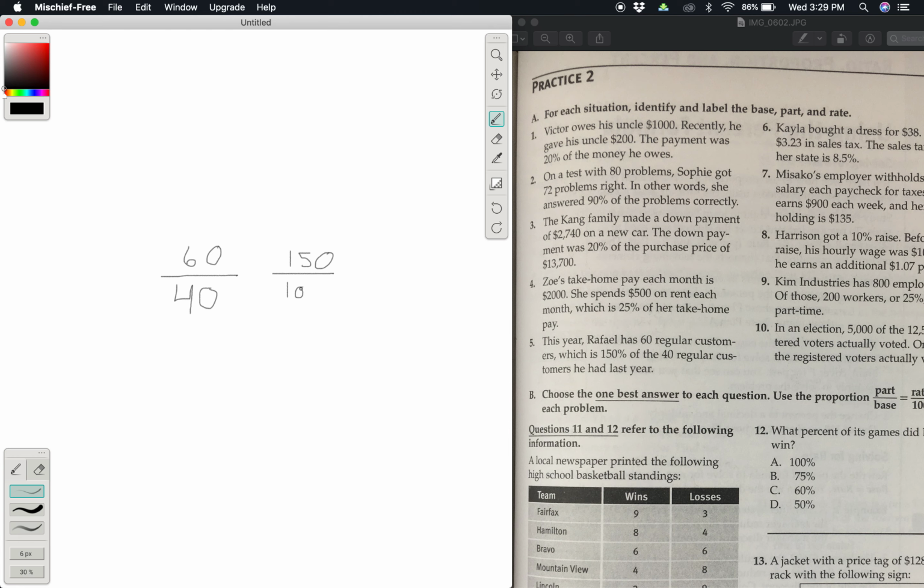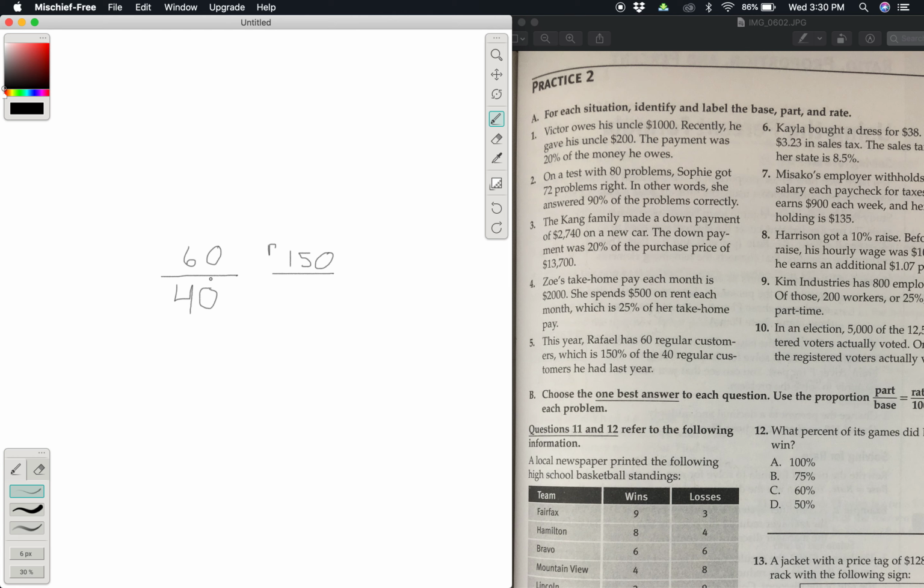So if it's anything different than 100, we know it's not this part right here. Anyways, yeah, sorry about that.